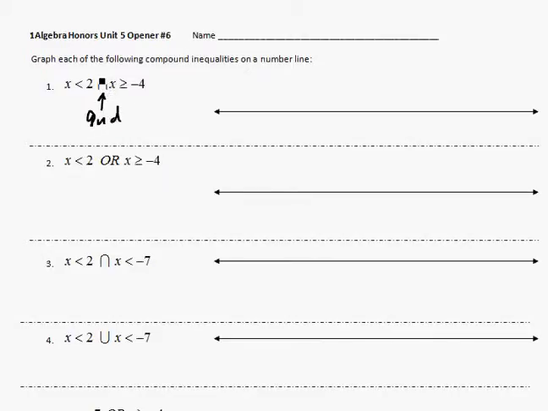We want to graph all of the values of x that are both less than 2 and greater than or equal to -4. Let me start by just marking 2 and -4 on the number line.